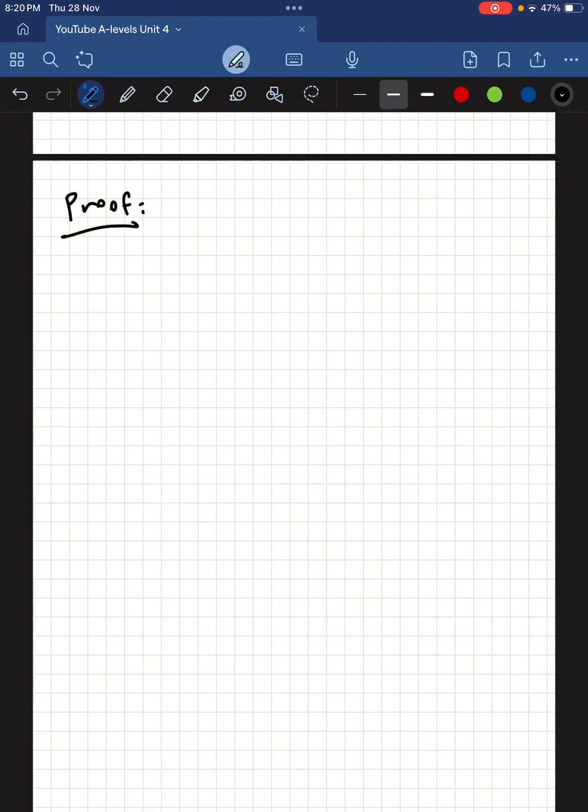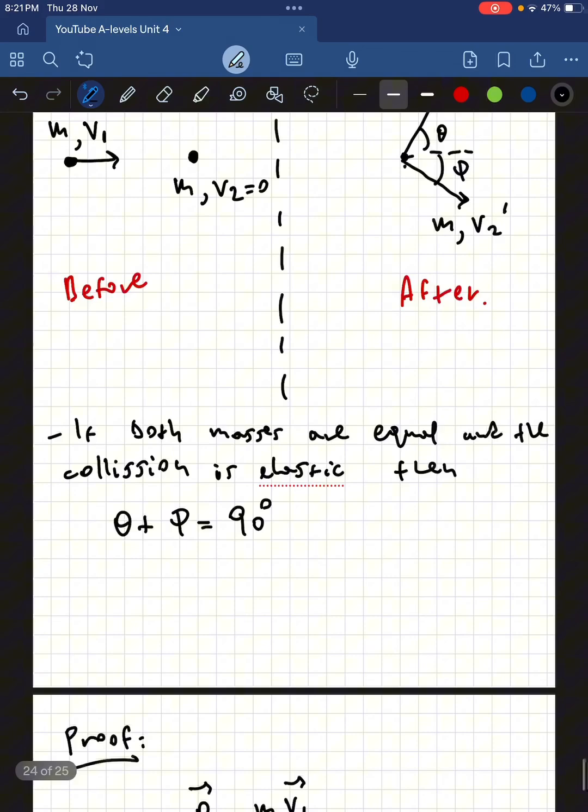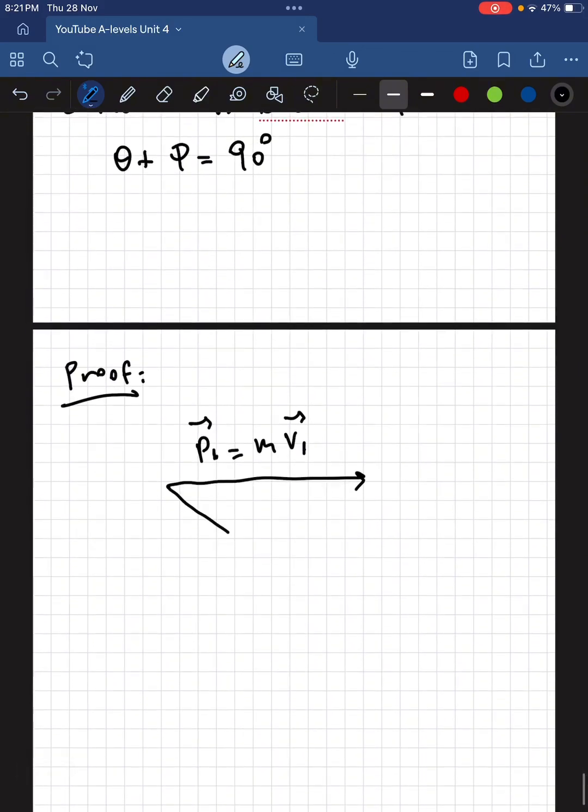Okay, and I'm going to use vectors, actually. So this is the momentum before. So P1 is mv1, okay? And as we said, we have to parallel transport the P2 prime vector in this fashion. P2 prime is mv2 prime.